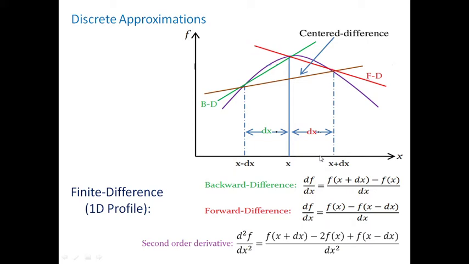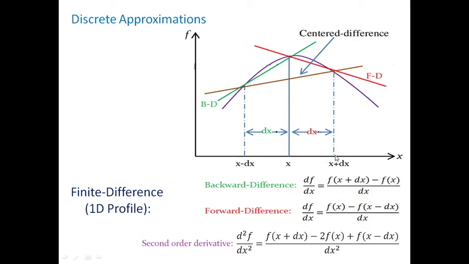So what is this finite difference profile? Now the backward difference. I assume 2 points here. One point is located at x plus dx and one point is located at x, separated by a distance of dx.